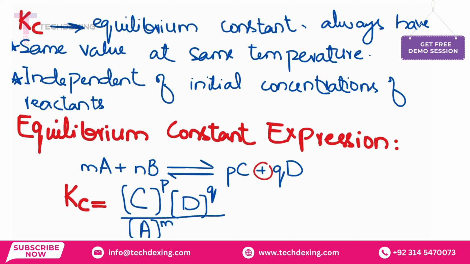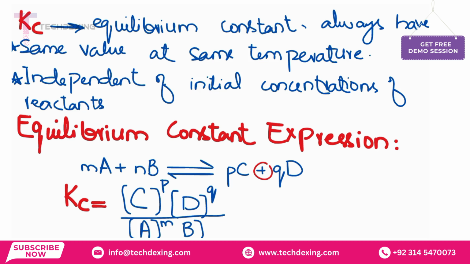I'm just writing the equilibrium constant expression for a hypothetical equation, right? On the next slide, we would write down the actual equation with the original values of the number of moles. So next we can write down the reactant B.